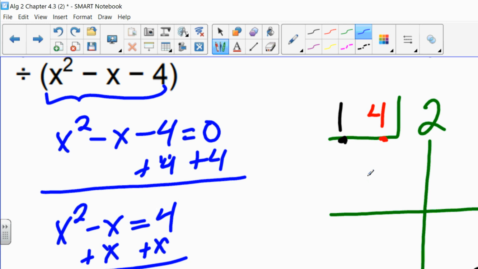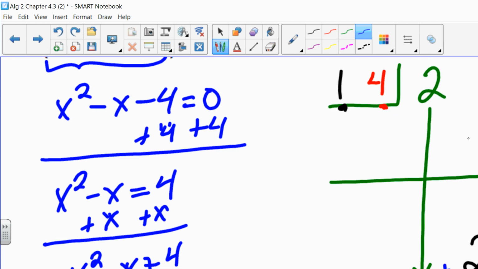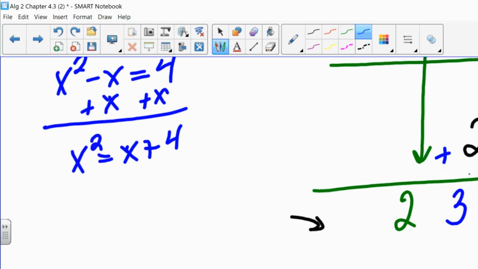So the remainder is going to have 2 terms, because we'll have our constant term and our term with x, because the remainder can have an x term. Both of these here are part of the remainder.